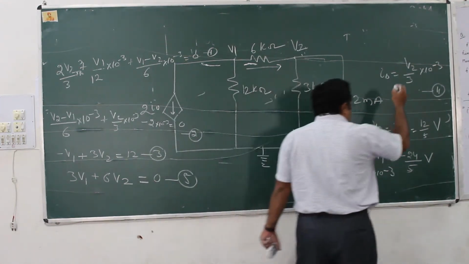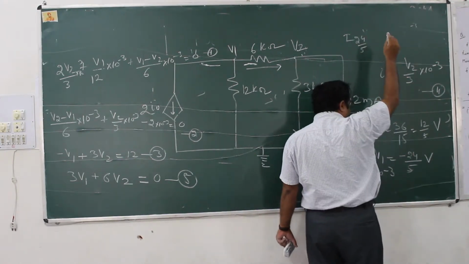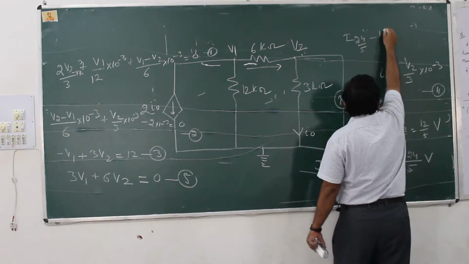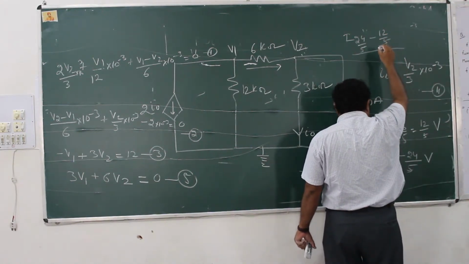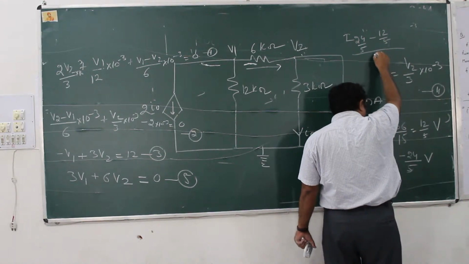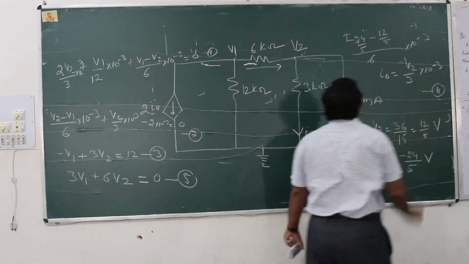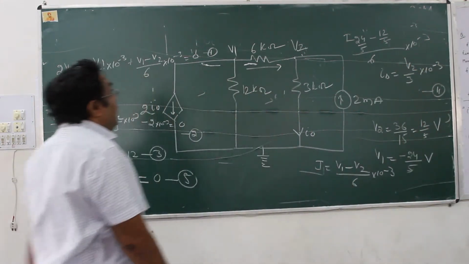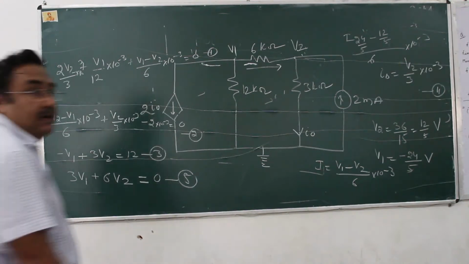What you will get? Minus 24 by 5 minus 12 by 5 divided by 6 into 10 raised to power minus 3. Solve this. Minus 24 minus 12, I think, minus 36 by 5, and 36 cancels in the table of 6. So it is minus 6 by 5 milliampere. Am I correct?